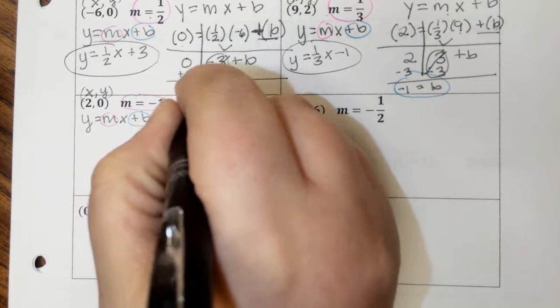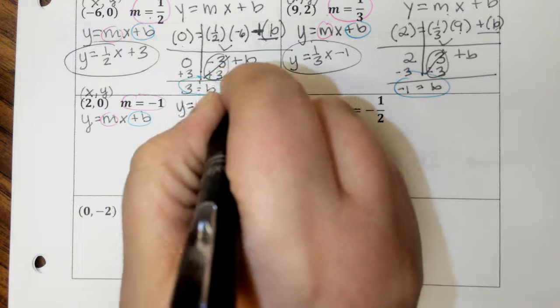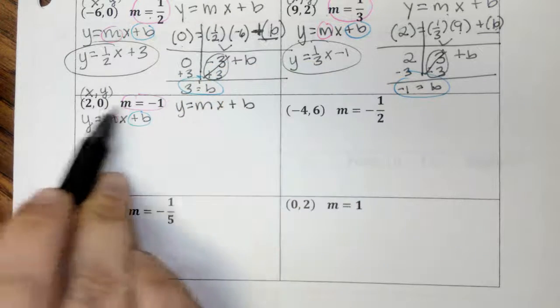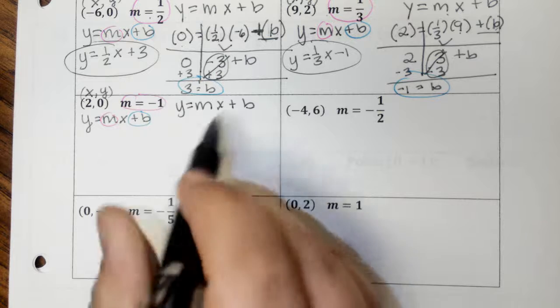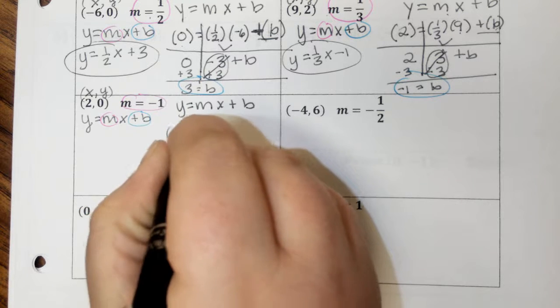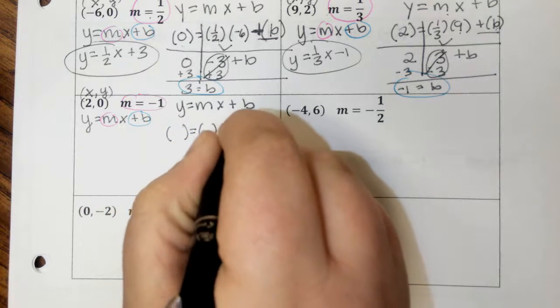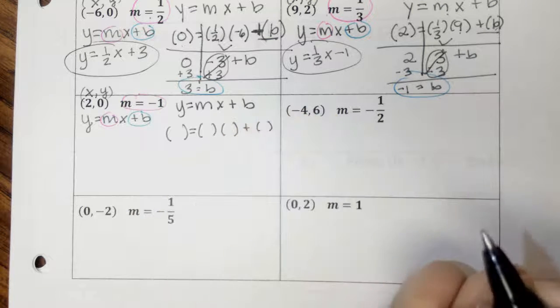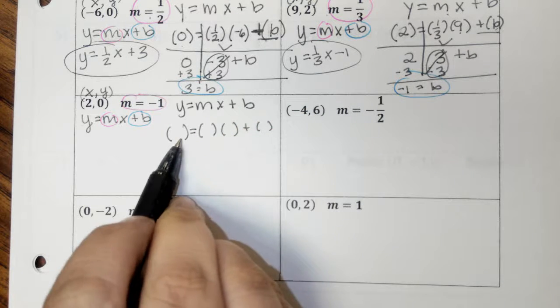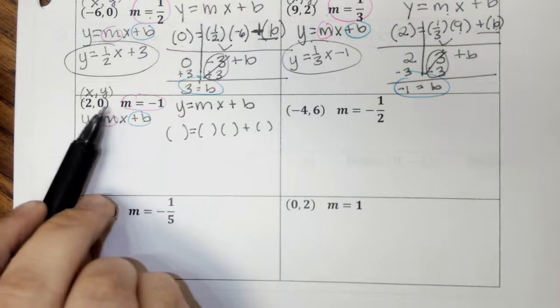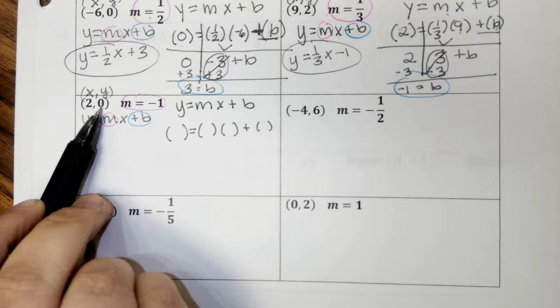So I'm going to use the equation y equals mx plus b, and we're going to use everything we know to solve for b. So put a bubble everywhere you see a letter. This first bubble is in place of y, and y is 0.